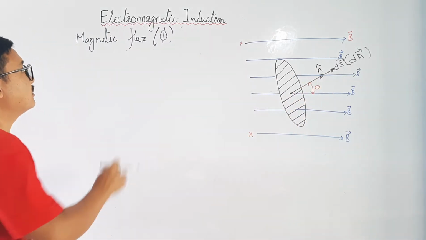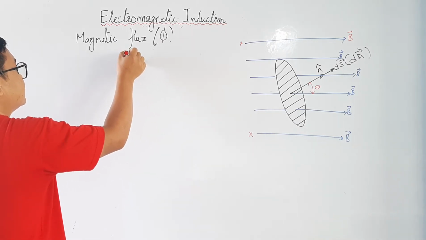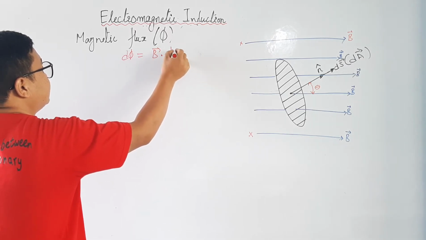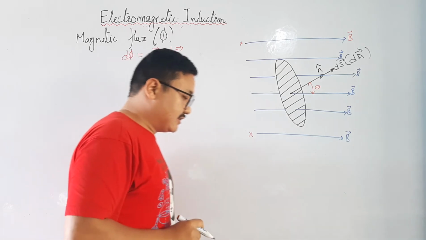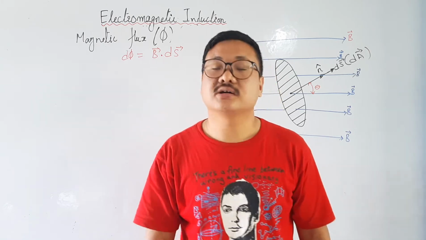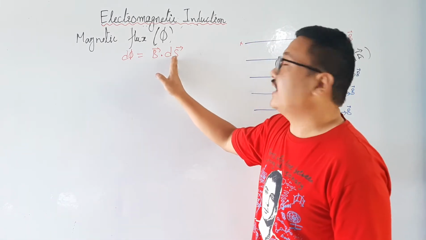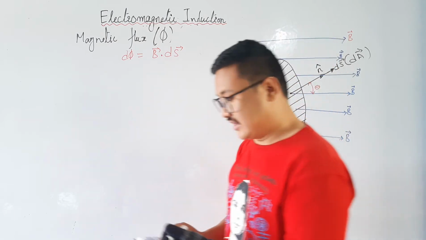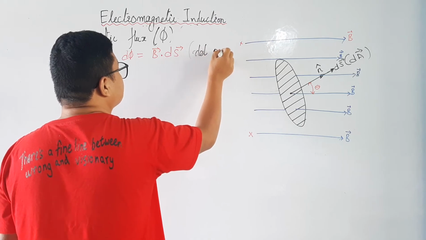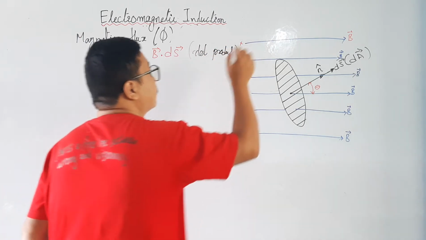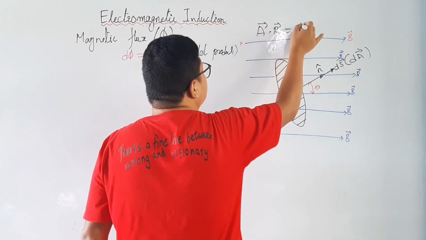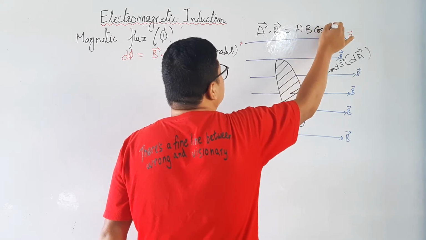So the mathematical form of magnetic flux, I will write this as d phi is equal to B vector dot ds vector. The magnetic flux can be defined as the dot product of magnetic field and the area vector. This is my dot product, and we know that A vector dot B vector is AB cos theta.